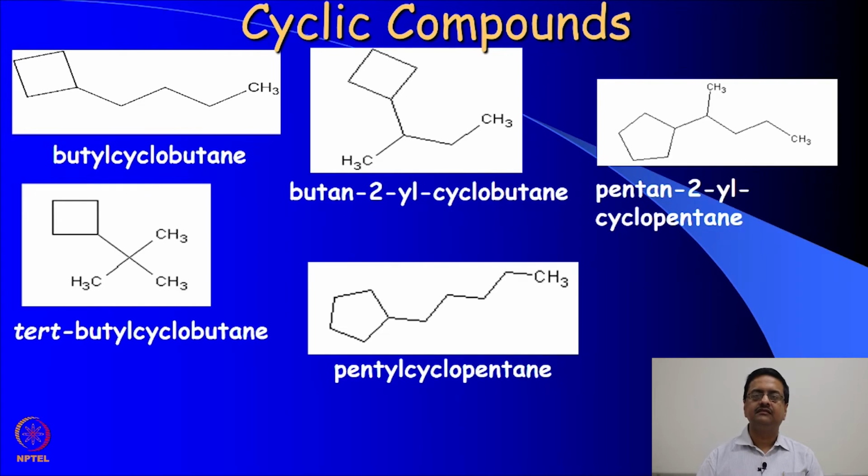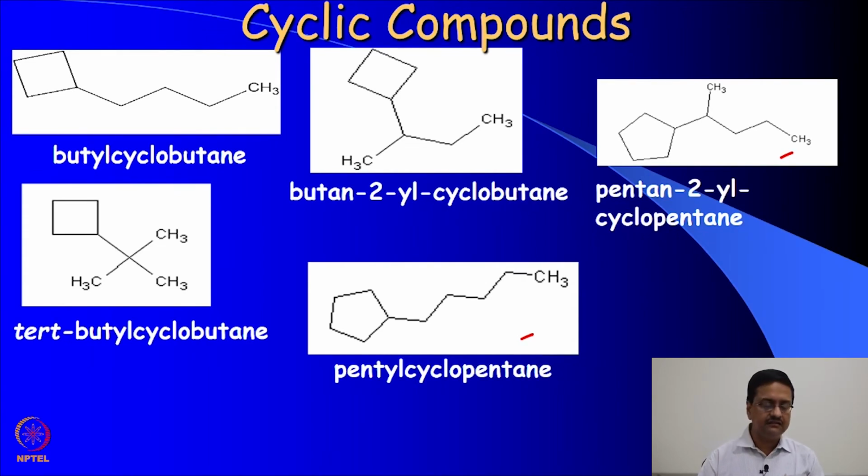Similarly, the second one we have written as butan-2-ylcyclobutane, the third one as tert-butylcyclobutane, this one as pentylcyclobutane, this one as pentylcyclopentane, and the last one as pentan-2-ylcyclopentane. So, what is the logic behind this type of writing?